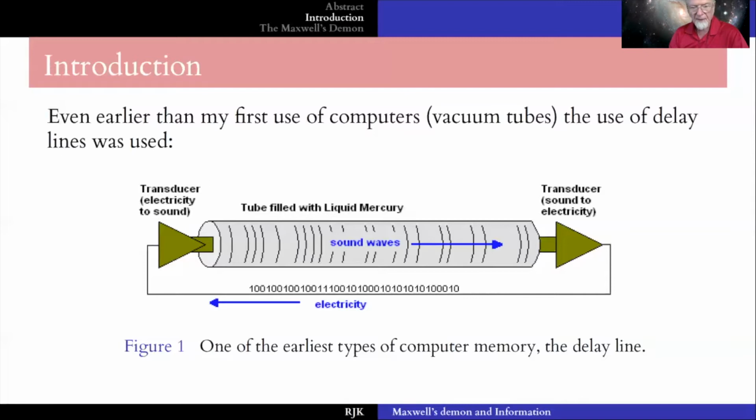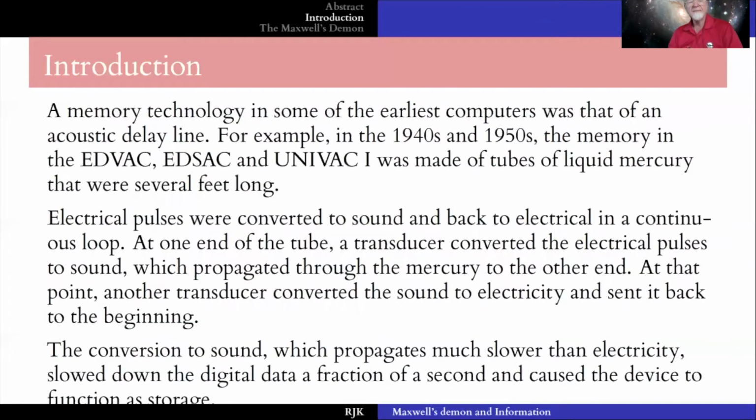But that was usually less than 1,000 times slower than the speed of electricity, which is about 1/4 of the speed of sound. That was a memory technology in some of the earliest computers, and it was called an acoustic delay line.